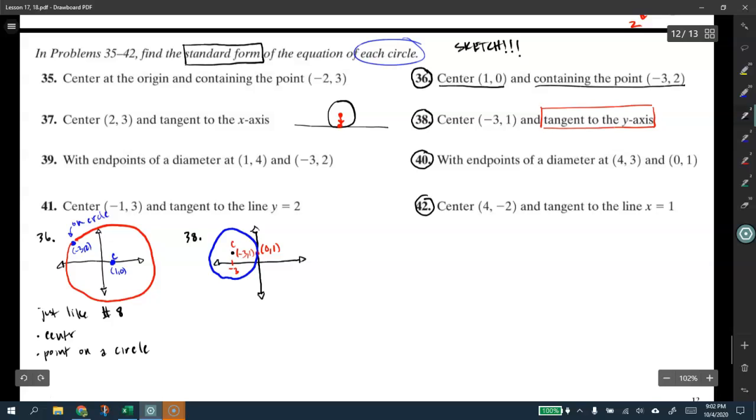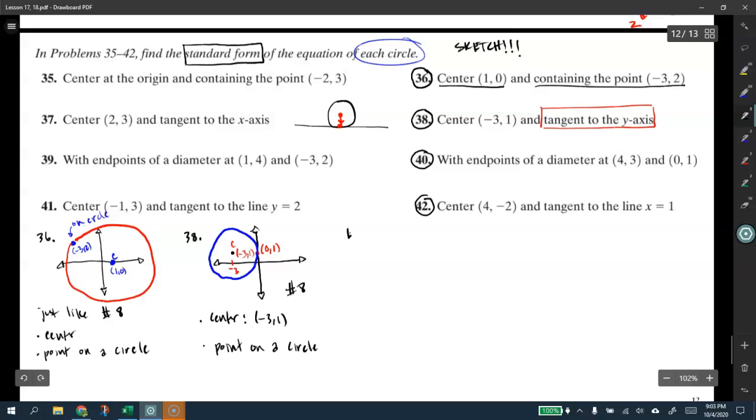Well, we now know a center, which is at -3, 1, and we also know a point on a circle. Again, to reiterate, once you know a center and you know a point on a circle, you just do exactly what we did in number 8, and you can discover what the formula is going to be completely.